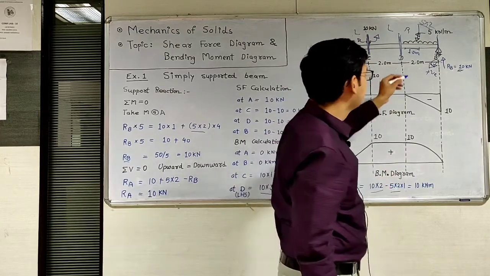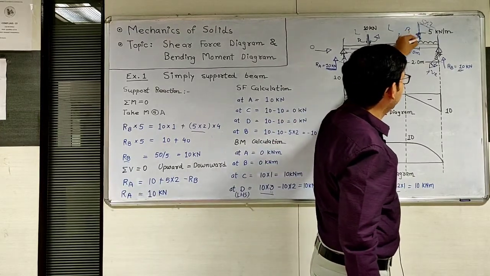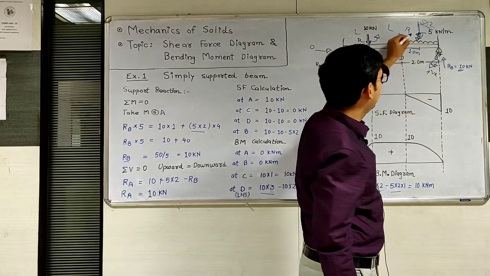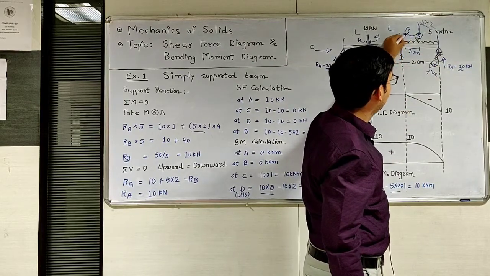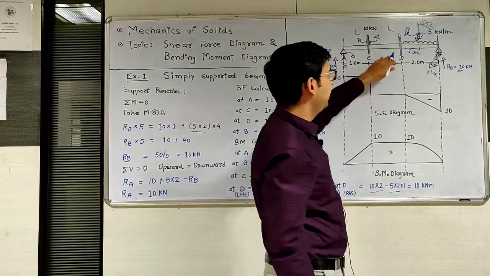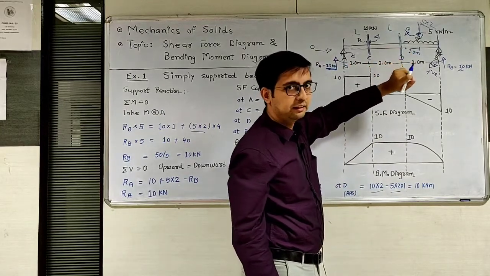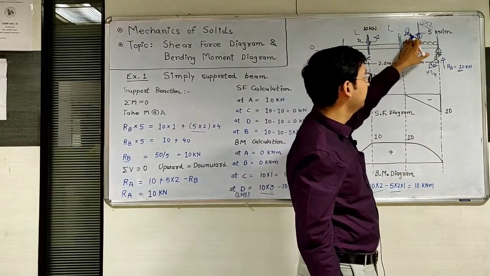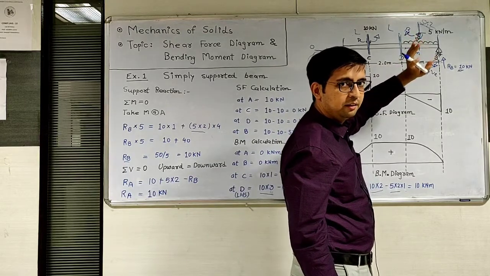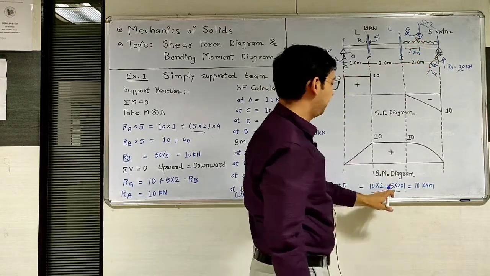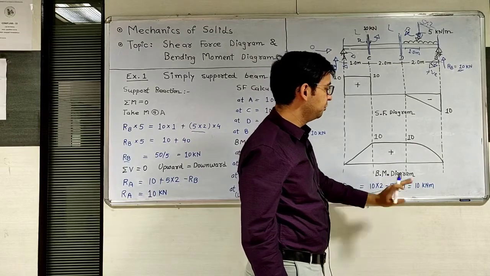Now the sign. This will be in downward direction and about D the rotation is clockwise. But we are using the right hand side of the section. On the right hand side of the section, clockwise moment is negative.